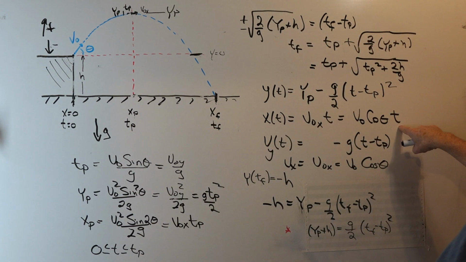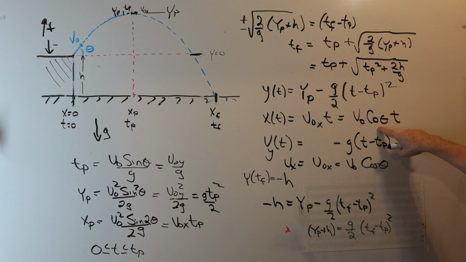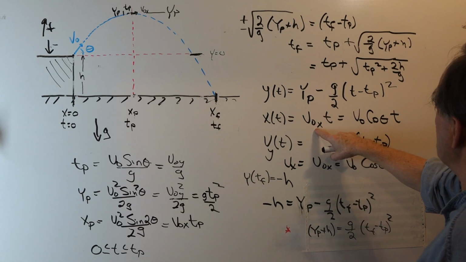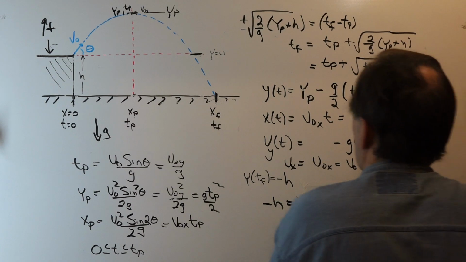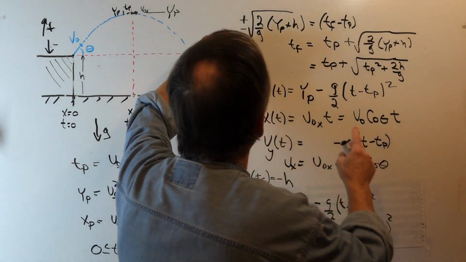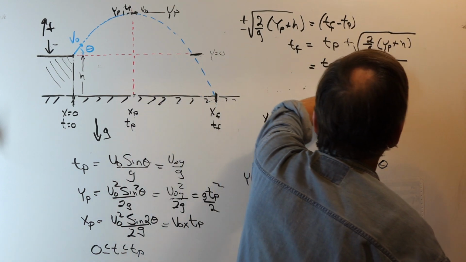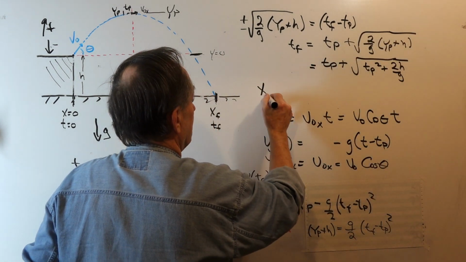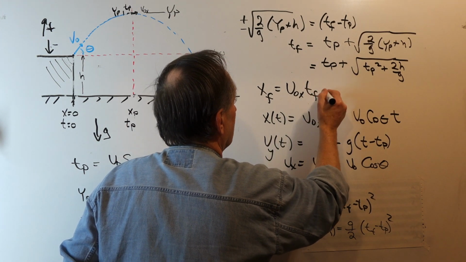We take our final time, this expression, and multiply it by v0 times the cosine of theta, or just v0x. So x final will be v0x times t final.